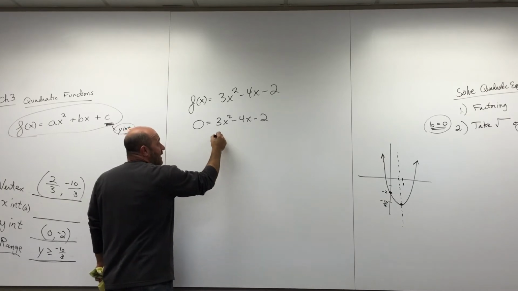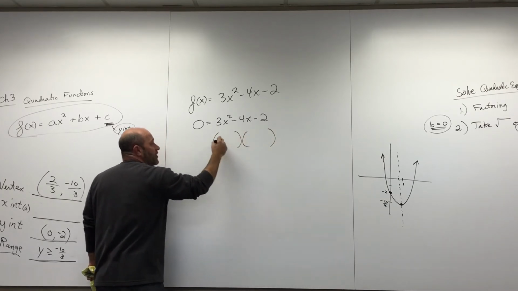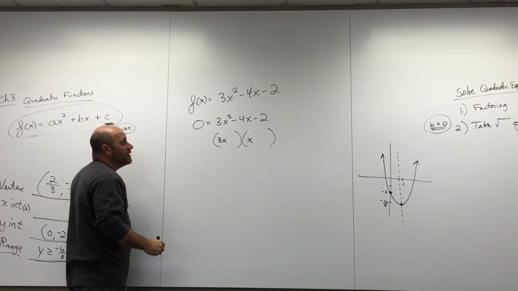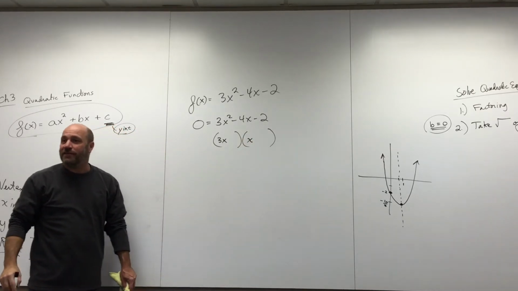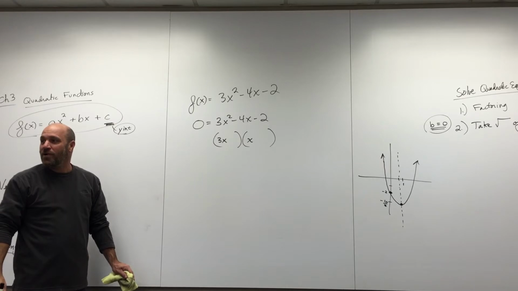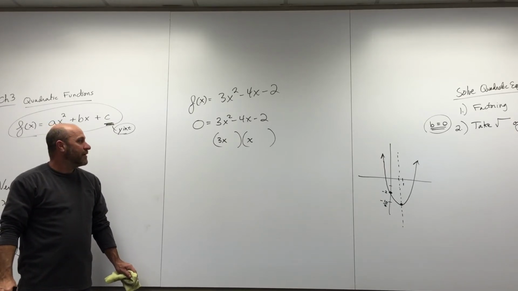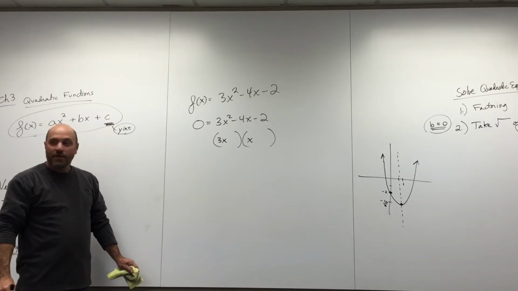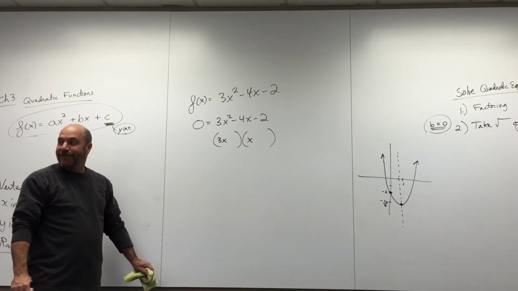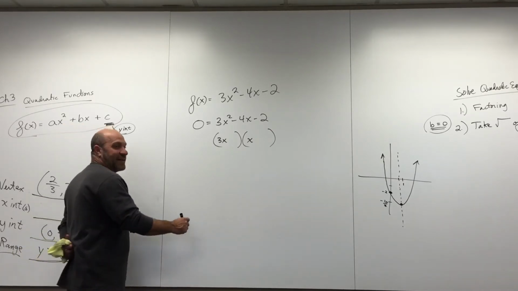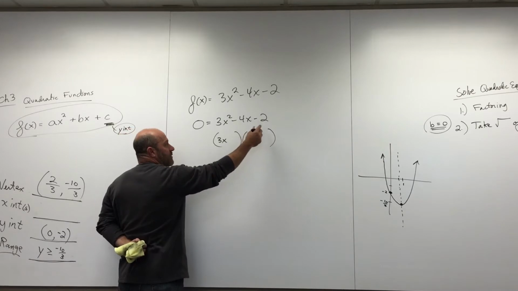I could try. Let me try something here. It has to be a 3x and an x. Do you agree? Oh shoot, maybe it does factor. 2 and 1. It has to be 2 and 1.